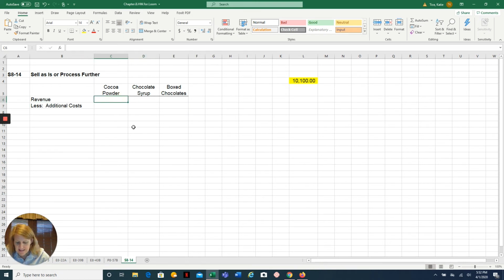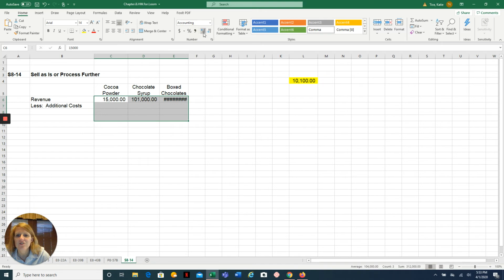In this case, it says the sales revenue from the cocoa powder would be $15,000. The sales revenue from the chocolate syrup would be $101,000. And the sales revenue for the boxed chocolates would be $196,000.